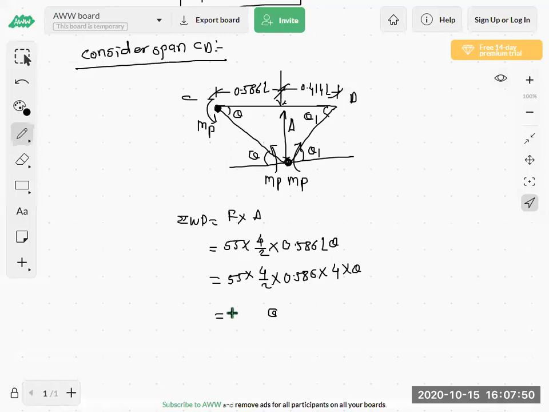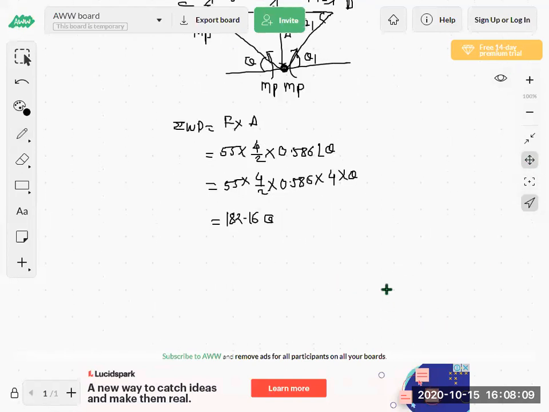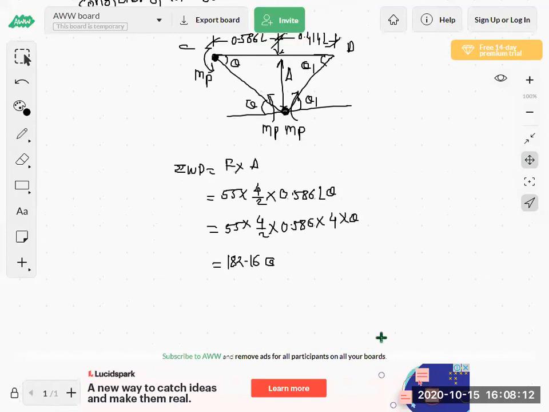180.16, 182.16, 182.16. Okay, theta. Now 182.16 has been given by Sadiq, and Sadiq, please check your answer because Swapnil and Sonali gave me answer 257.84.